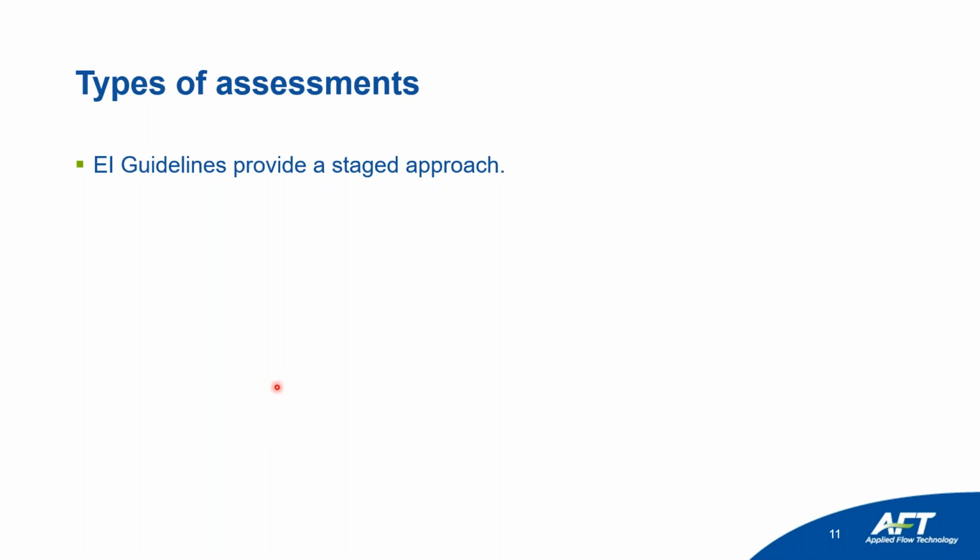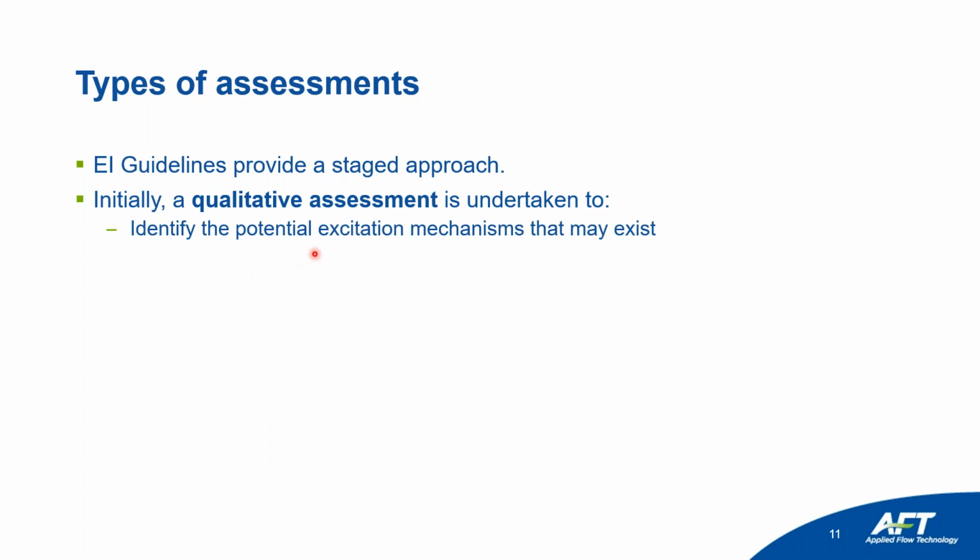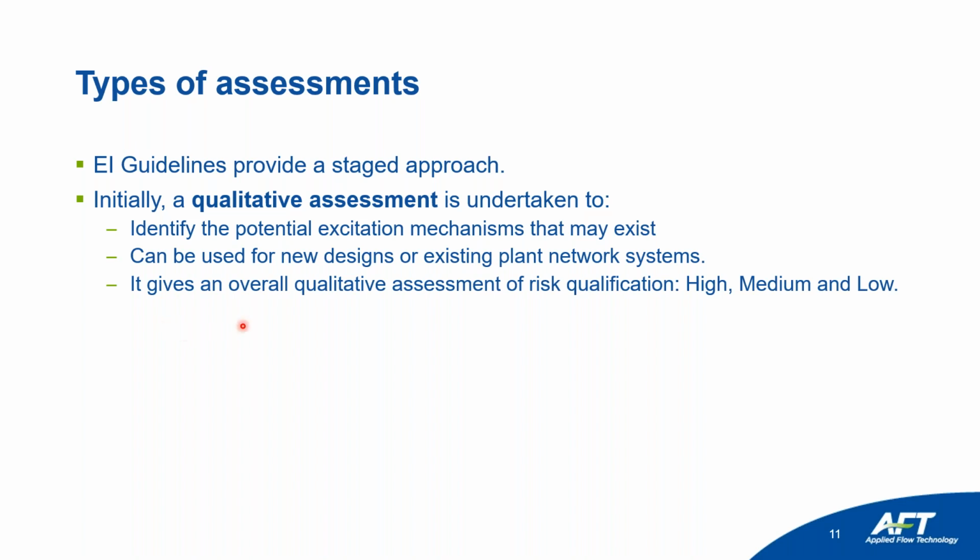It's done by stages. First, it does a qualitative assessment in order to identify a potential excitation mechanism that may exist in your pipe. It can be used for new designs or existing plant systems. It gives an overall qualitative assessment of risk.